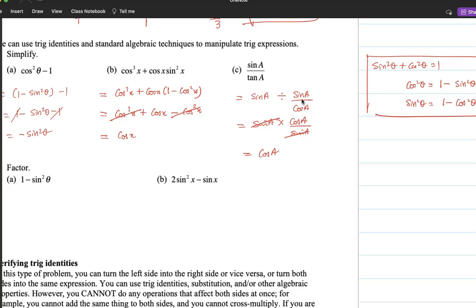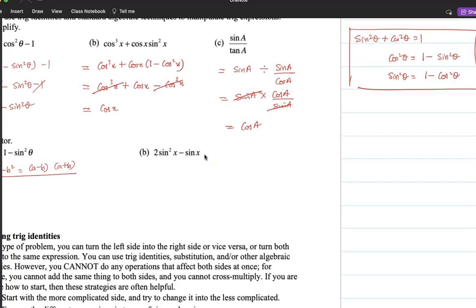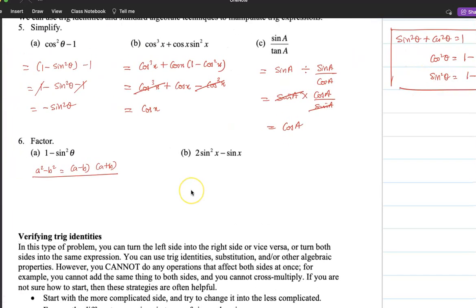Factorize 1 minus sine square theta. We know that's cos square theta. No, they want you to factorize. They don't want you to use the identity and make it cos square. You can say that 1 minus sine square theta is cos square theta, but they don't want that.